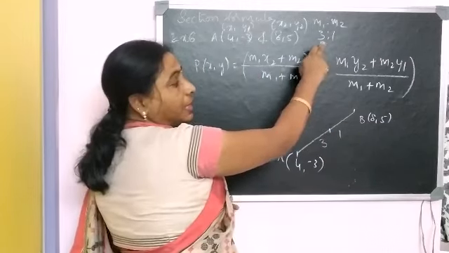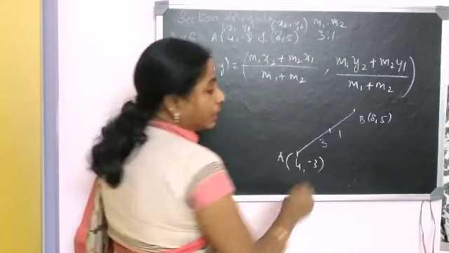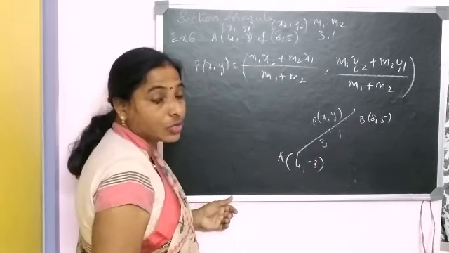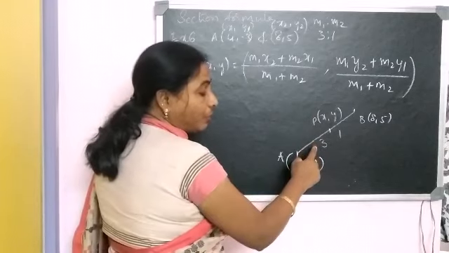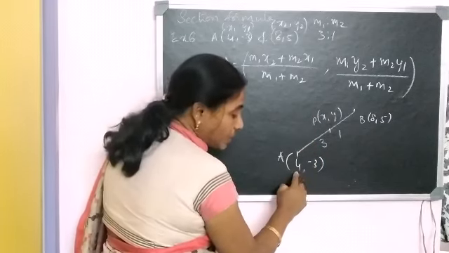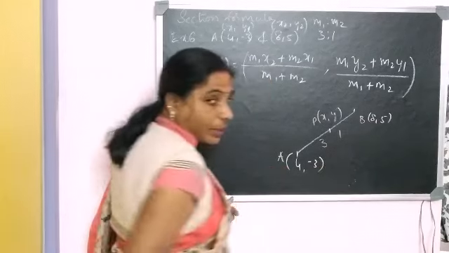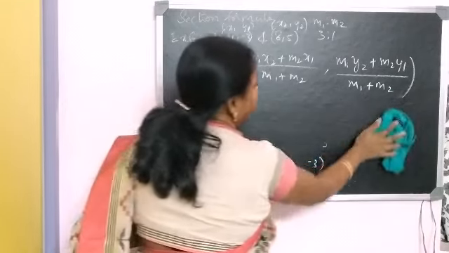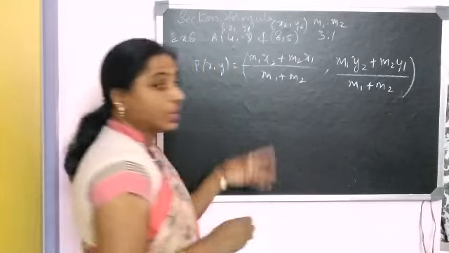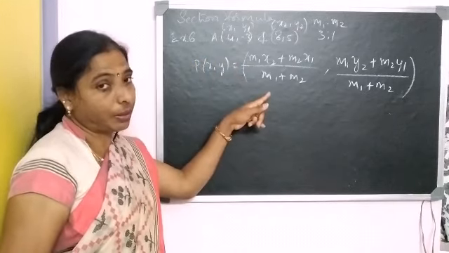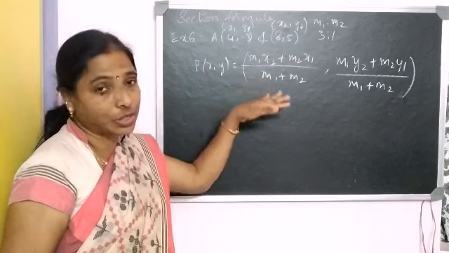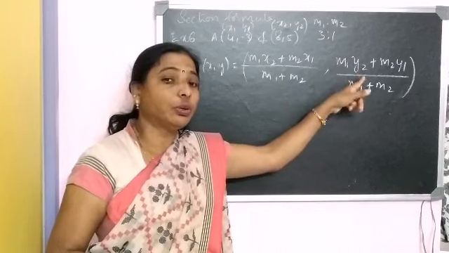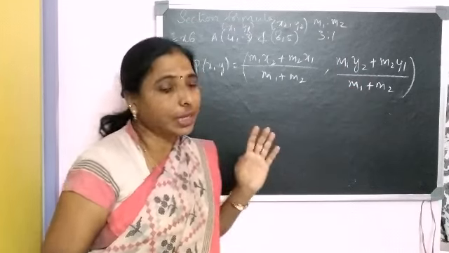We have to find the coordinates of P of xy. So this is x1, y1, x2, y2. Let us take the formula: P of xy is equal to m1 x2 plus m2 x1 divided by m1 plus m2, and similarly, the next one is m1 y2 plus m2 y1 divided by m1 plus m2.